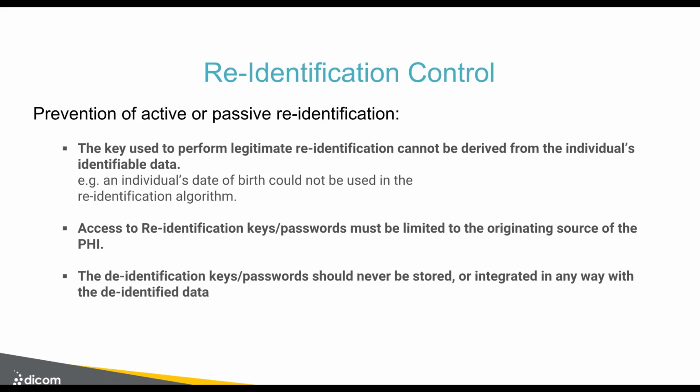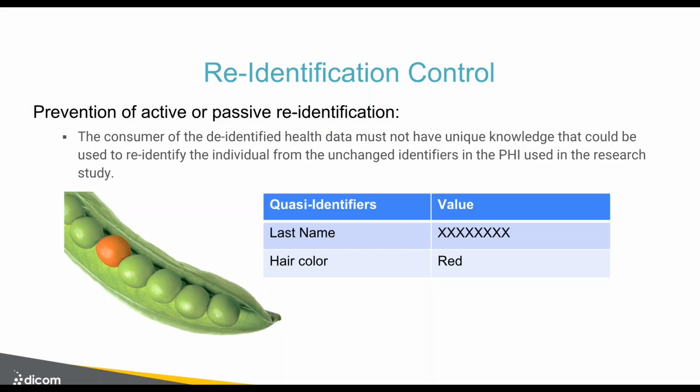You can't use any of that data. Additionally, you can't keep the passwords anywhere with the database or with the data. It has to be totally separate, and that separate has to be the originating source of the PHI. So the owner of the data keeps the key no matter what. It never leaves possession of the origination.